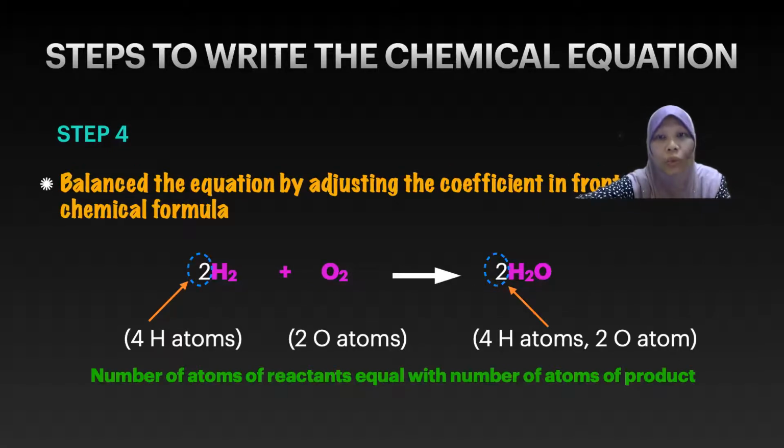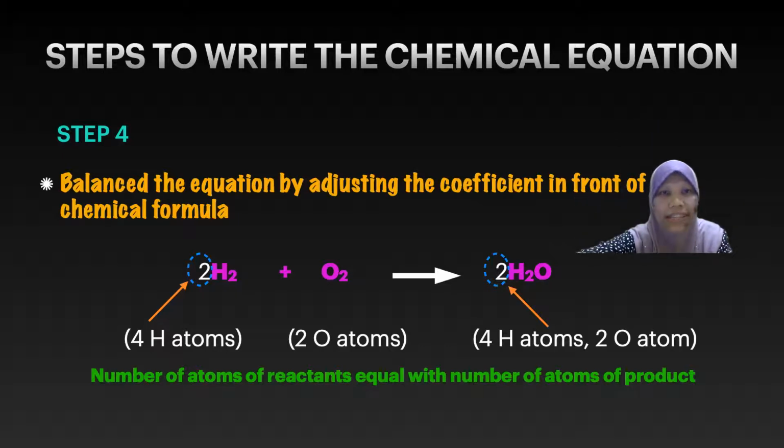We have to balance the equation by adjusting the coefficient in front of the chemical formula. What is a coefficient? A coefficient is the number that we put in front of the chemical formula so that the number of atoms of the reactant and product would be the same.